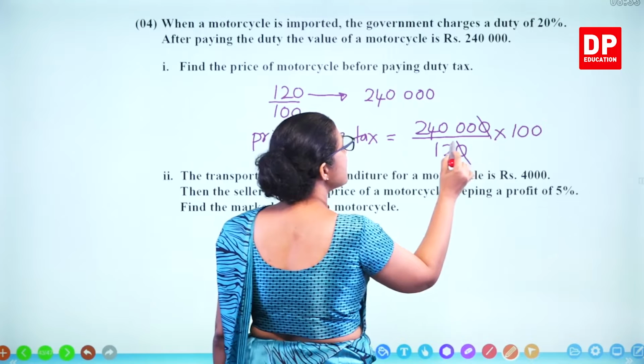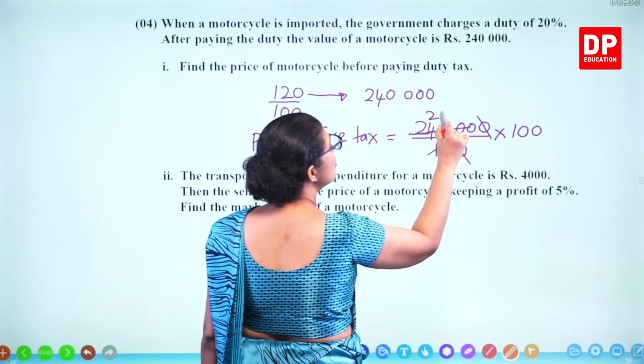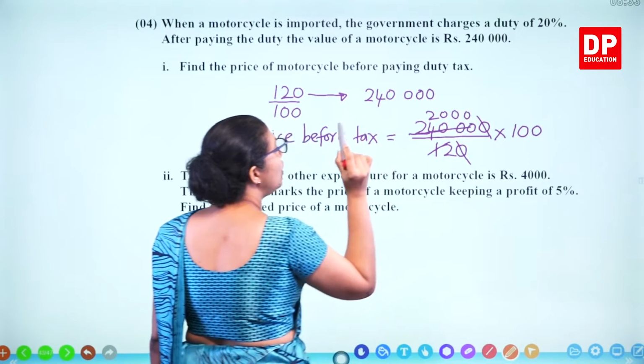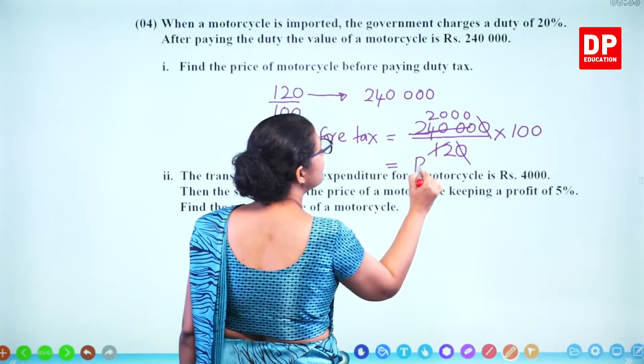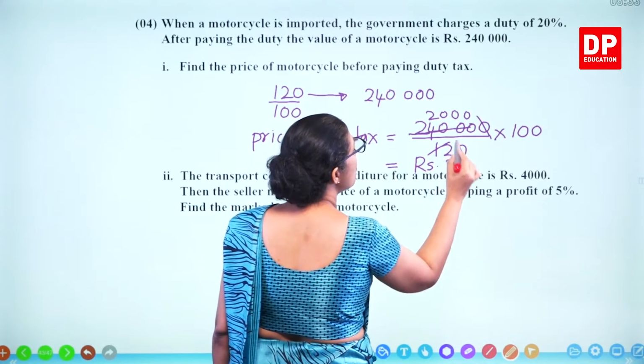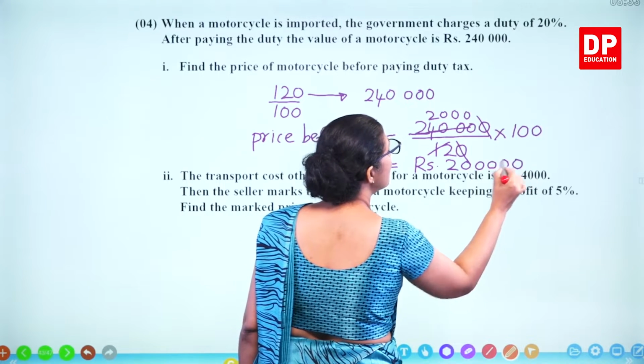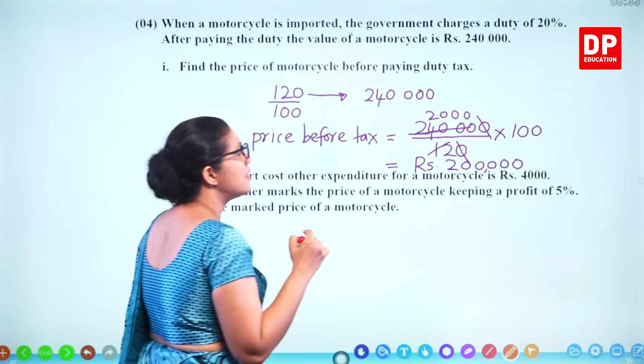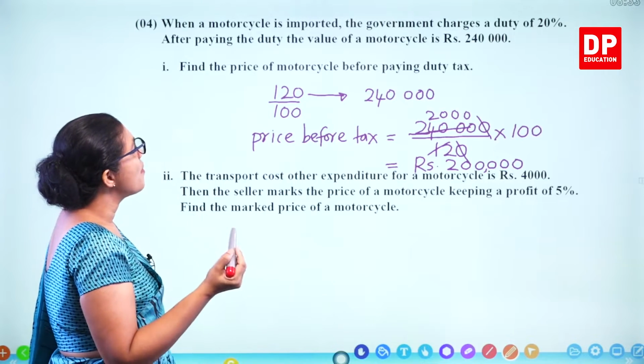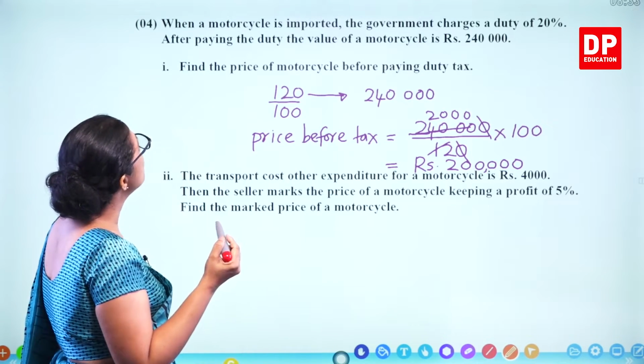The zeros get cancelled out. 12 times 2. What's the value? 200,000 rupees is the price before the tax. That's the motorcycle.